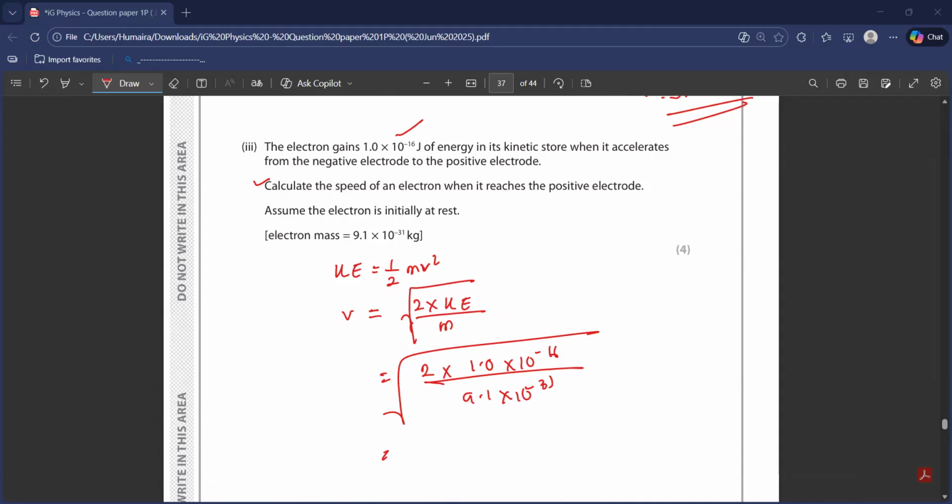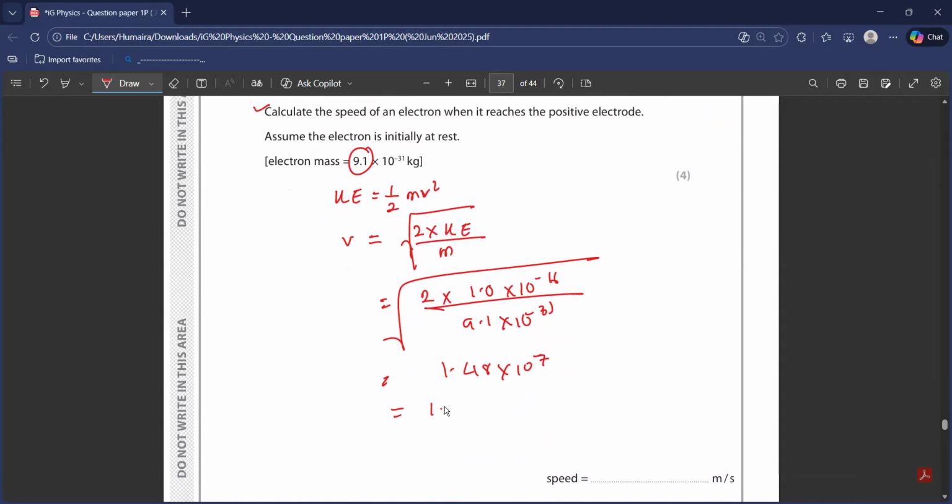It's 1.48 times 10 to the power 7. Now, all these values are to 1 decimal place, so let's keep our answer to 1 decimal place as well, which is 1.5 times 10 to the power 7 meter per second.